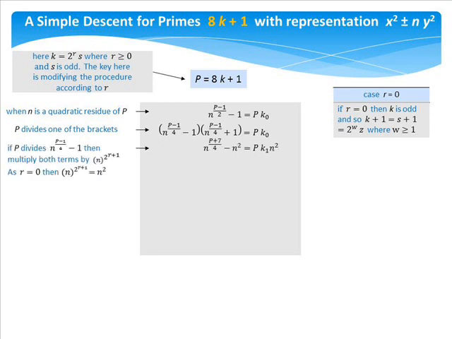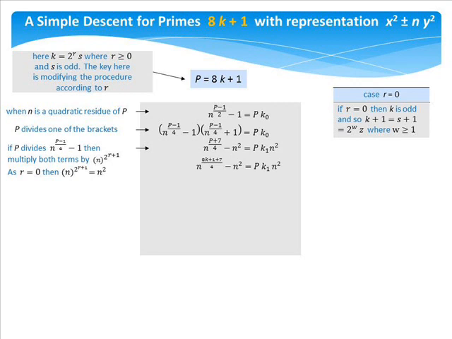In the first case, n raised to p minus 1 over 4 minus 1 is considered. The next step involves multiplying all terms by n raised to 2 raised to r plus 1. Since r equals 0 in this case, we obtain n squared.